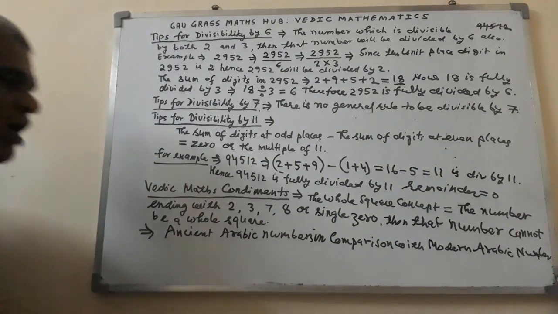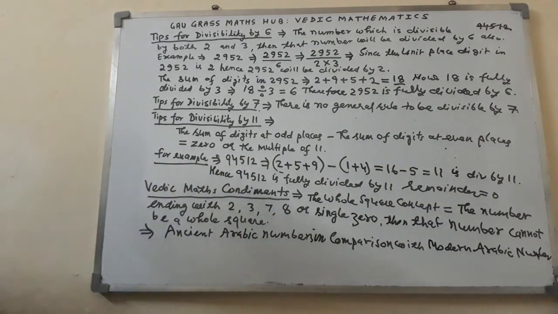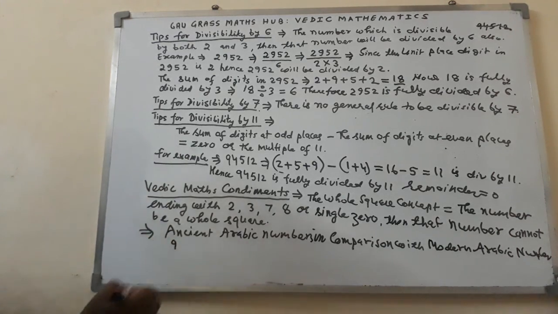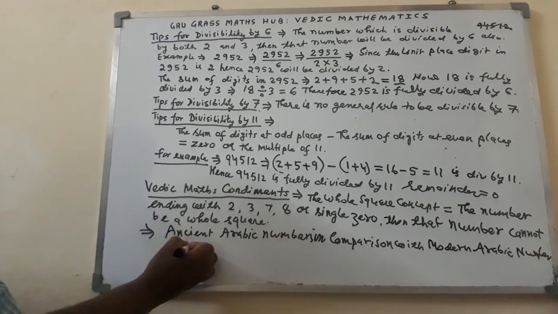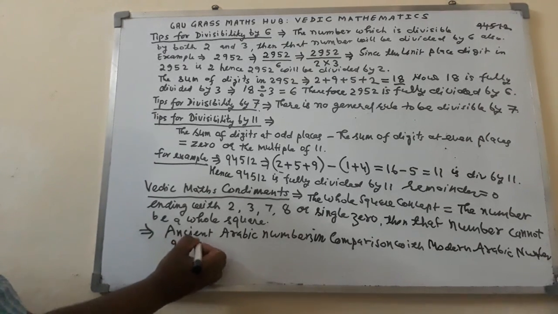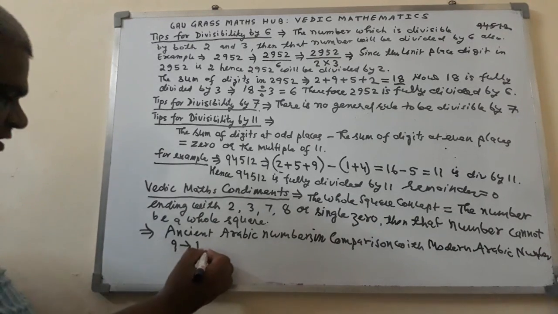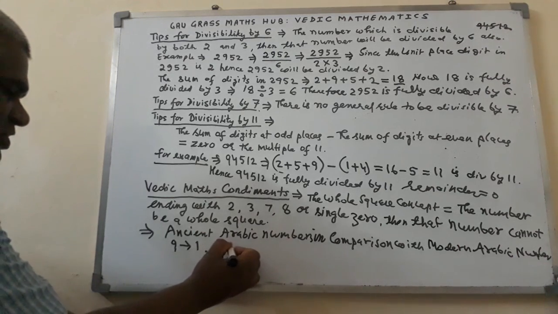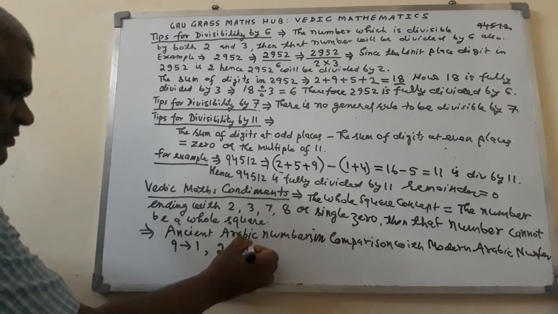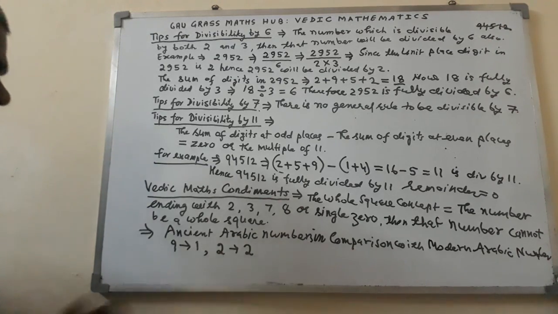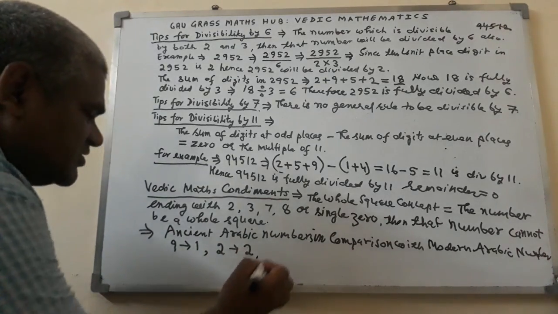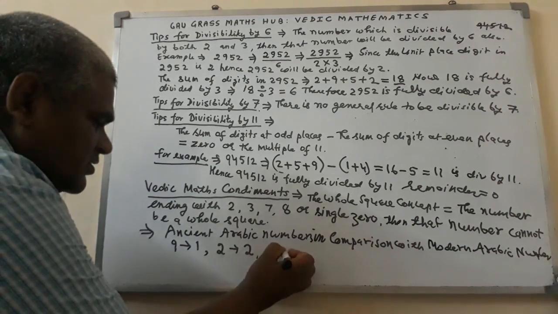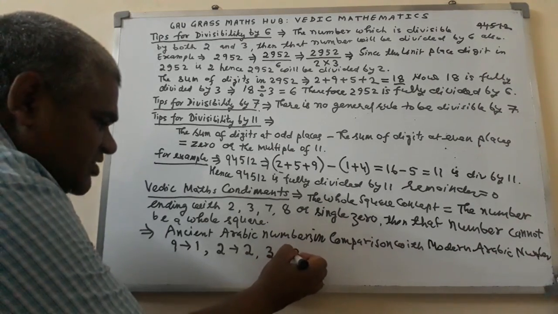Now, for ancient Arabic number I shall write 1. This is 1; write it like this. Comma, 2. Then for 3, we shall write 3 in English like this.